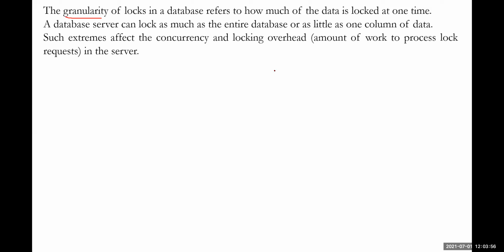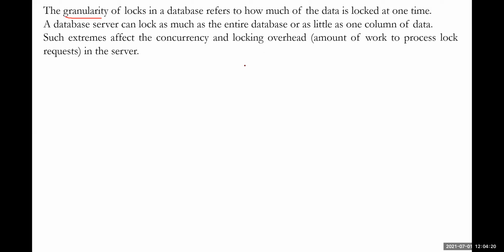Concurrency means two different users are executing the same kind of operations on the same database or table. On the same table, many people are trying to access it. Such kind of accessing is called concurrency.